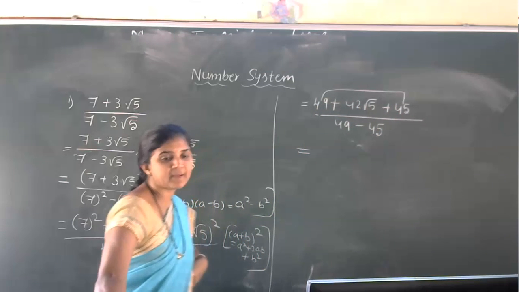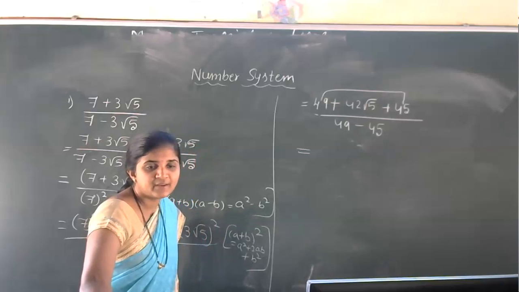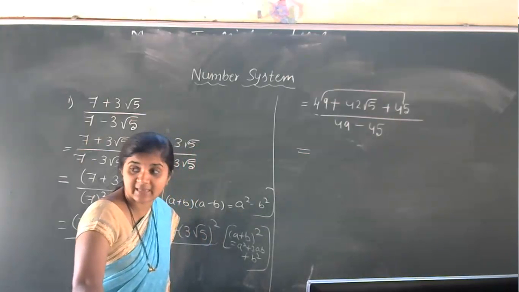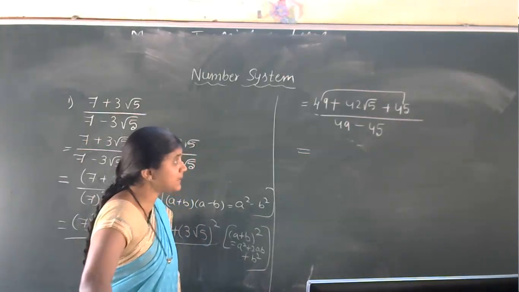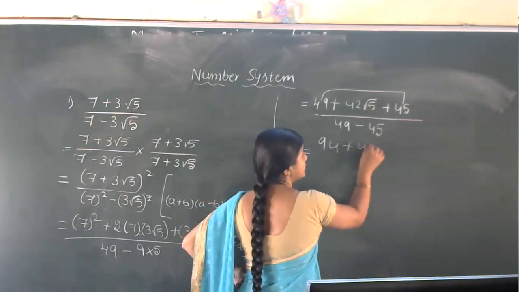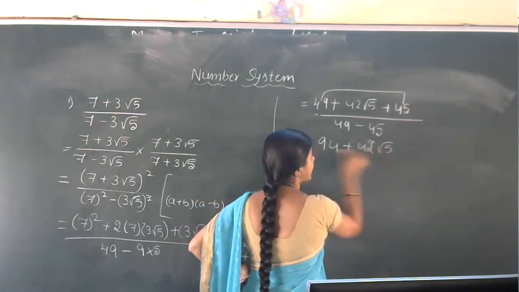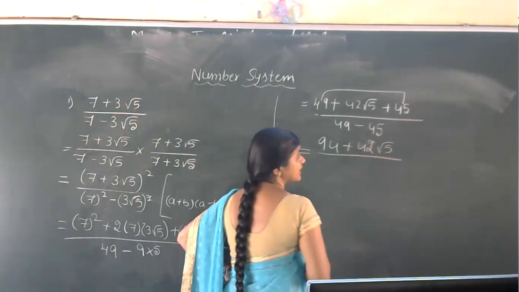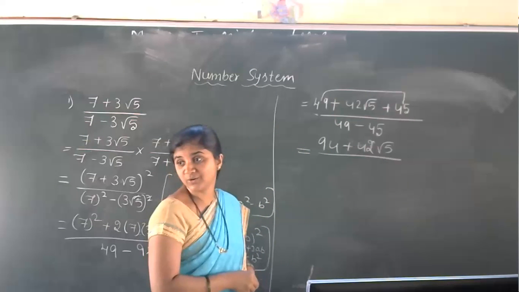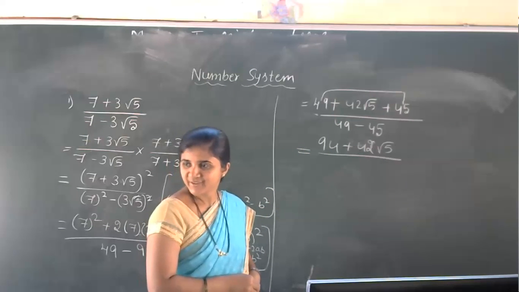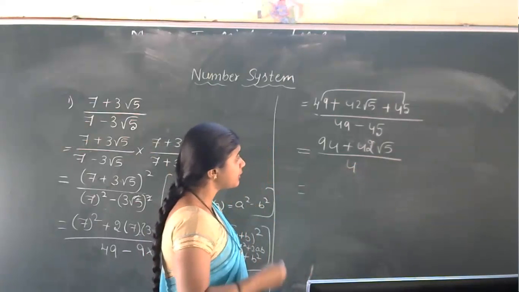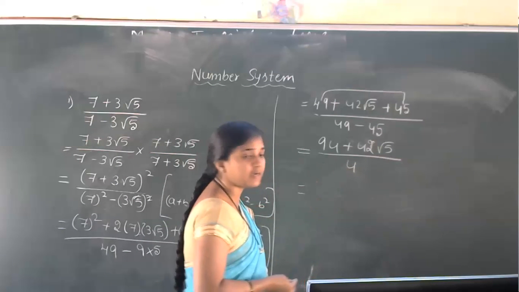Yes, 94 plus 42 root 5, divided by 49 minus 45, which is equal to 4. Yes, next. 94 plus 42 root 5 divided by 4.